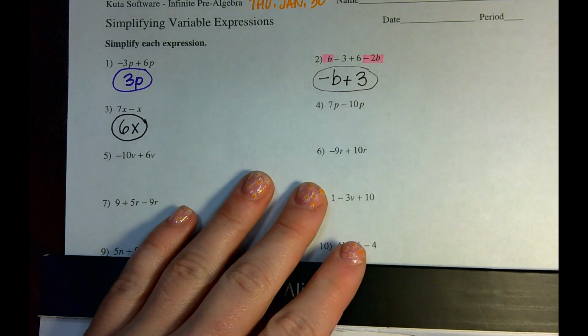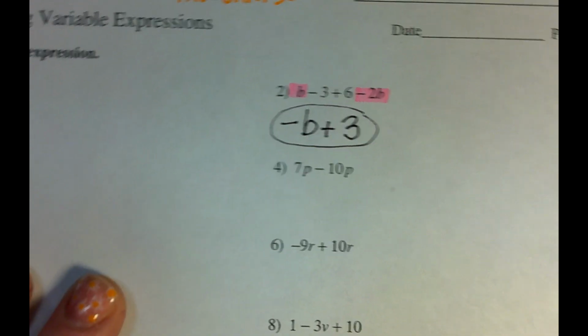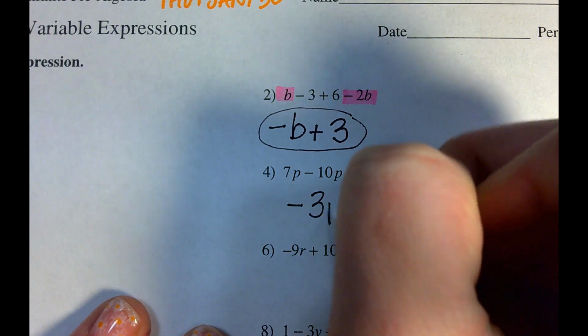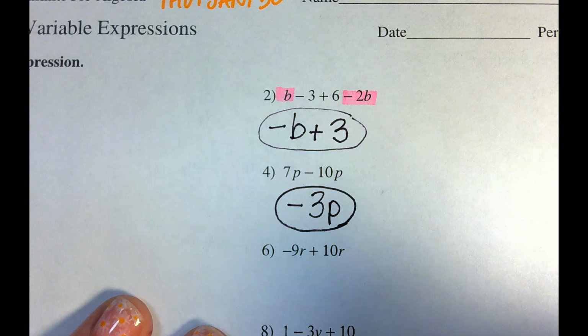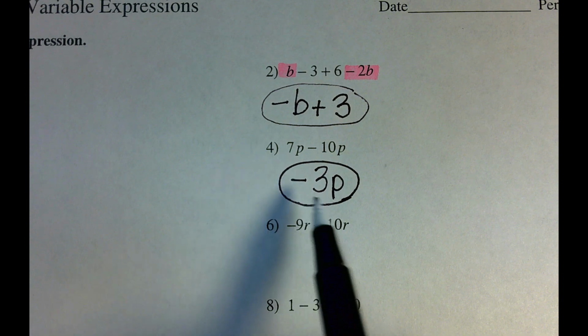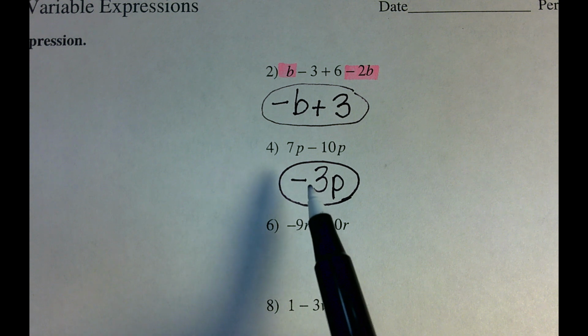So let's look now at number 4. 7P minus 10P. Yes, minus 3P or negative 3P. So if you think about this, guys, 7 minus 10, we're taking away more than we have, so it's got to be negative.